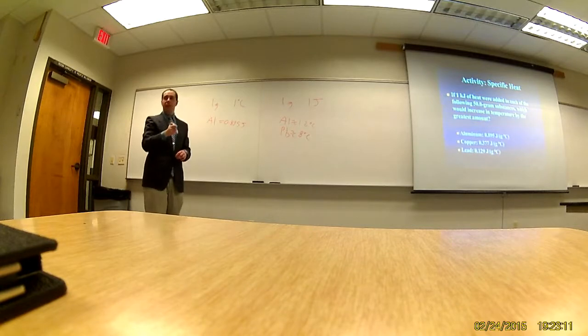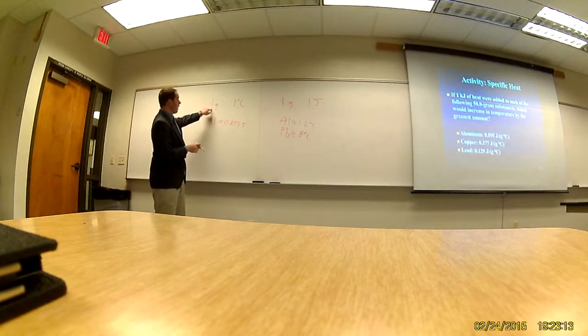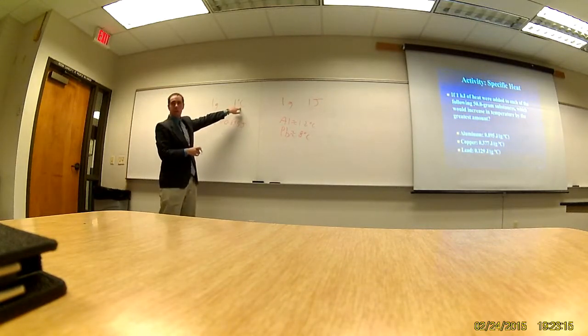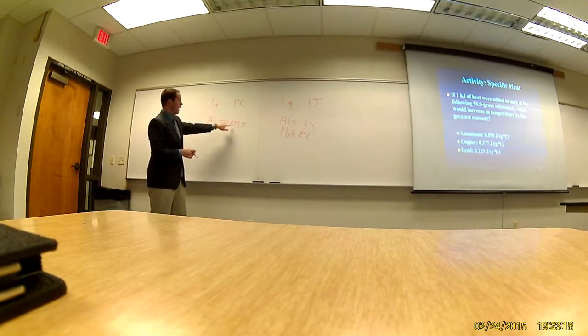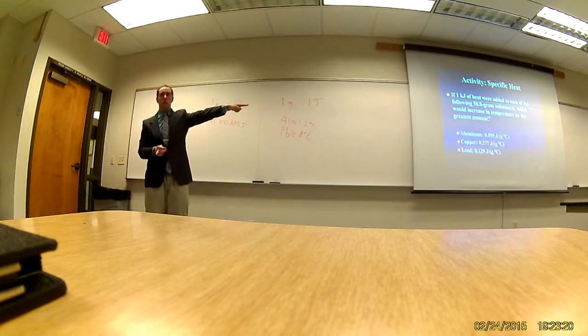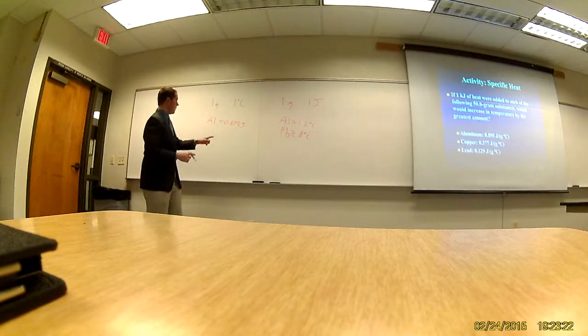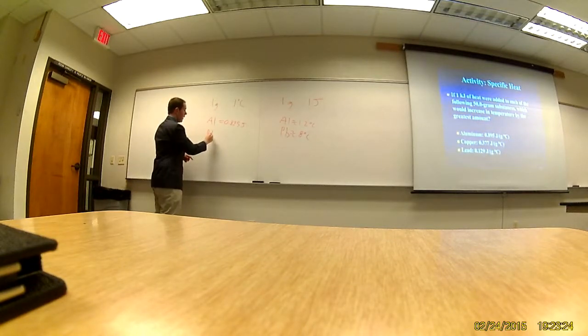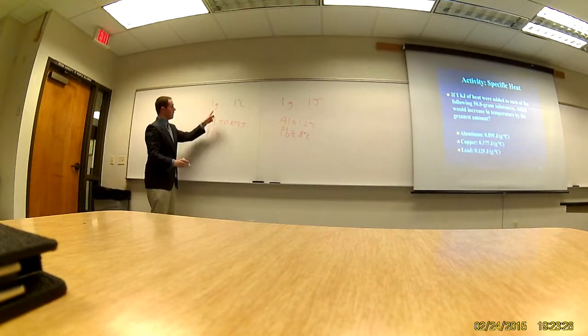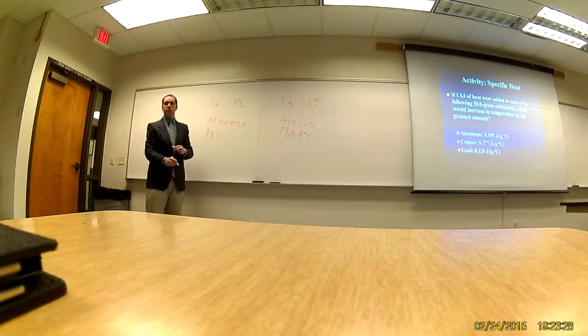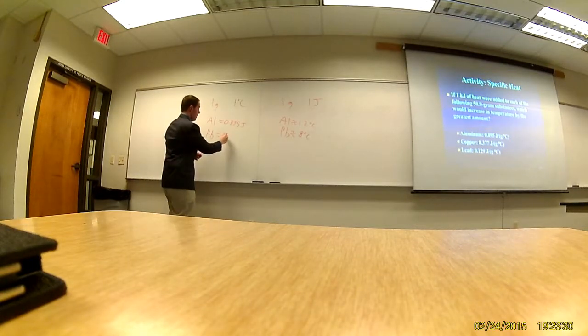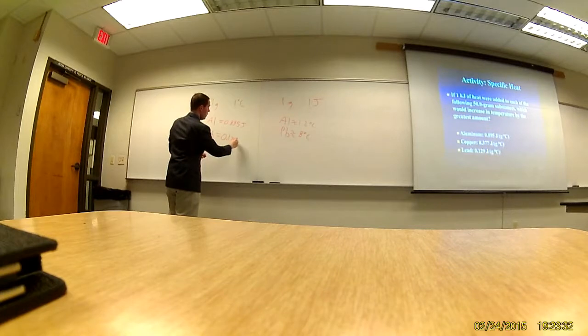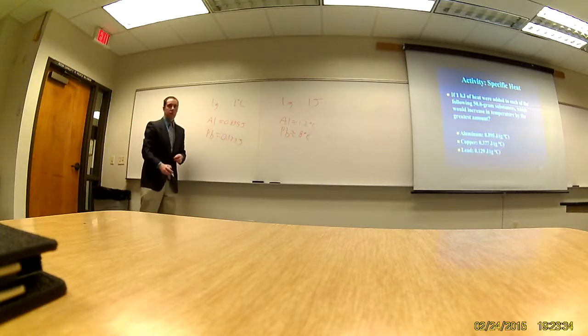That's what the specific heat means. We have 1 gram, we change it 1 degree Celsius, it takes 0.895 joules to do it. For our lead, how much energy do we have to put into it? Change 1 gram, 1 degree Celsius. 0.129 joules.